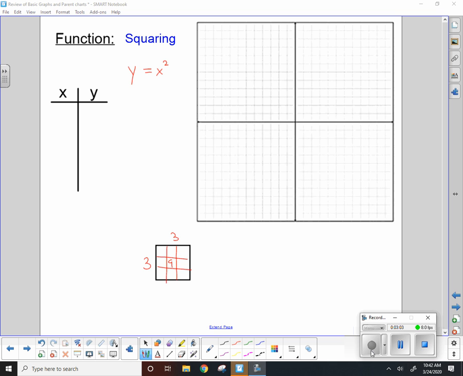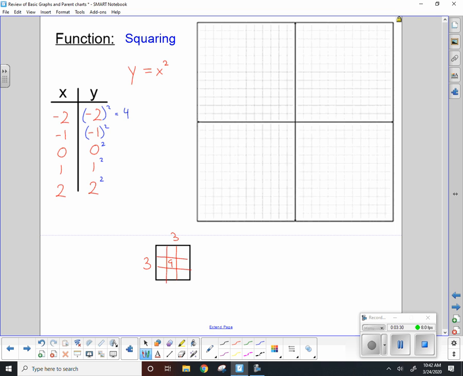And so think about what we did last time. We plugged in values for x, like -2, -1, 0, 1, and 2. Okay. Now this time, to make those values into their y values, I'm going to take each of these values, but what I've got to do is I have to square each one of them. So -2 squared, -1 squared, 0 squared, 1 squared, and 2 squared.